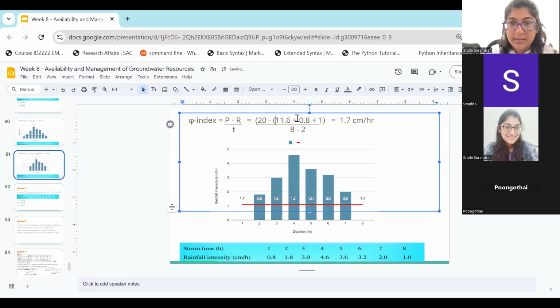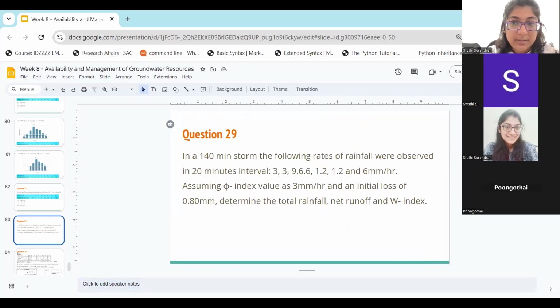First you have to separate it. This is not the correct way of writing. I will write it separately when I publish the slides. But this is how the calculation is. First you're subtracting these values from the precipitation, and then that value you're subtracting from this. When I post the PDF files, I'll make the correction and then submit.